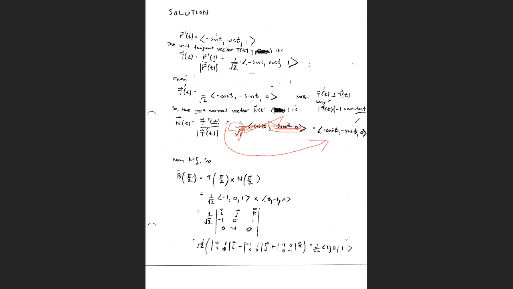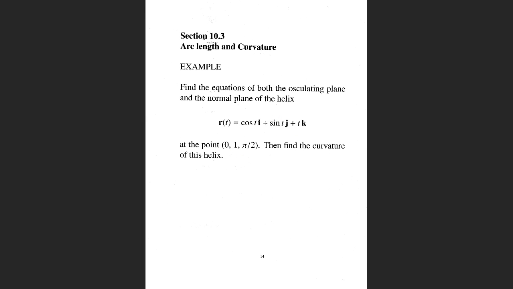Okay. So now t equals pi over 2. So at the point on the helix, we're talking about the point 0, 1, pi over 2, because the z coordinate's pi over 2.